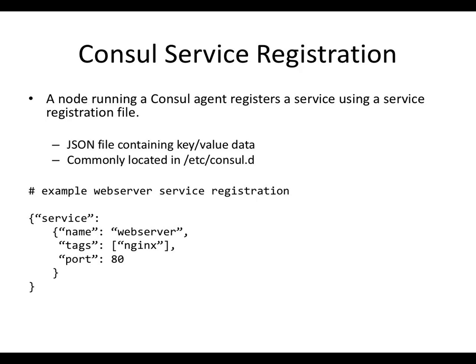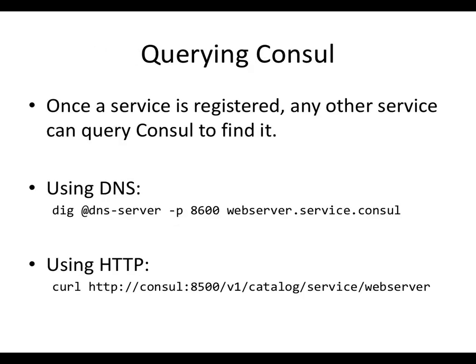Then any service that needs to access the web server can make a request to the Consul server and ask, where is the web server located? There's two different examples of how a service might do that. One example is by using DNS. This is an example of using what's called the dig command, which is simulating a name service request.